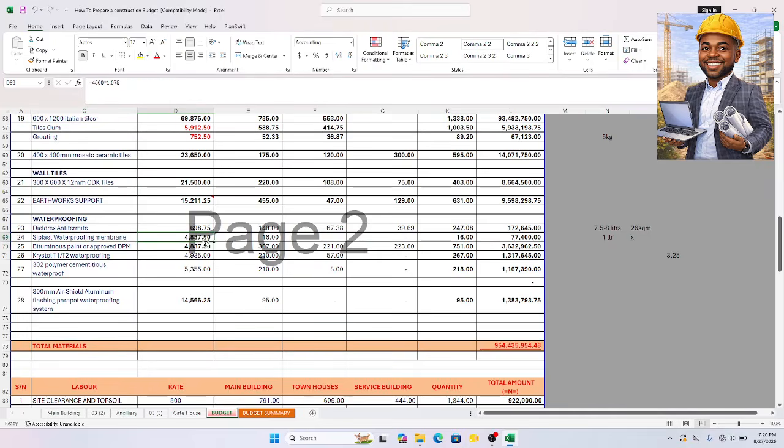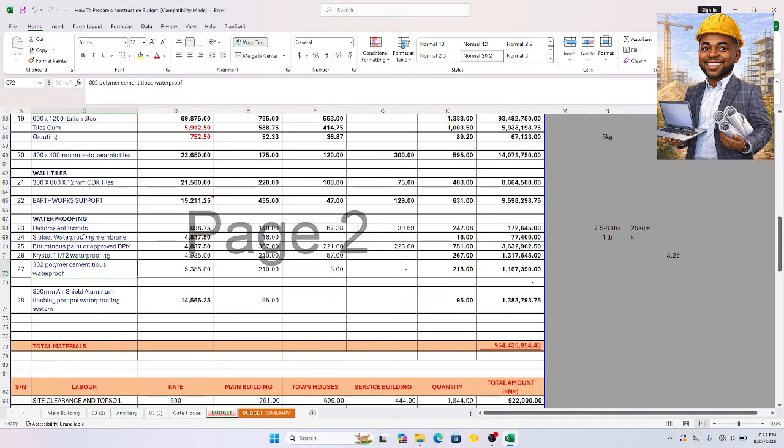This is just the price for it, but the data sheet will tell the coverage area for this C+ waterproof membrane, because this price is collected from Advanced Concrete. They give you a data sheet that has the coverage area, then it can be applied. The same thing for crystalline waterproofing, the same thing for this 302 polymer cementitious. So you get the coverage area and then you apply.